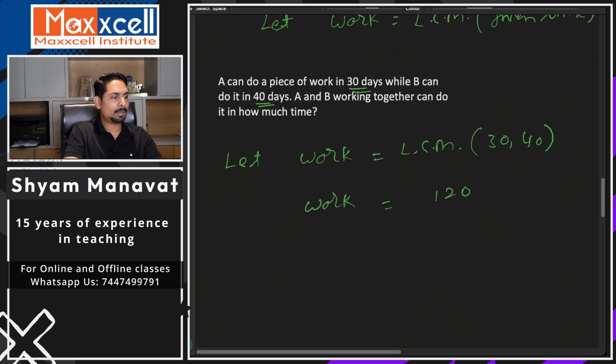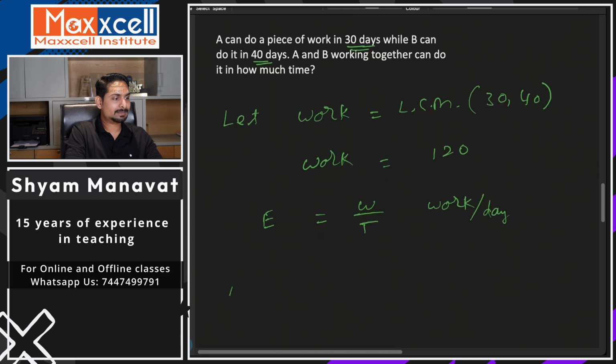Fine. Now, what is the efficiency formula? Efficiency equal to work upon time. What is efficiency's unit? Work per time, whatever the unit of time. In this case, the time unit is days, so the efficiency unit is work per day.